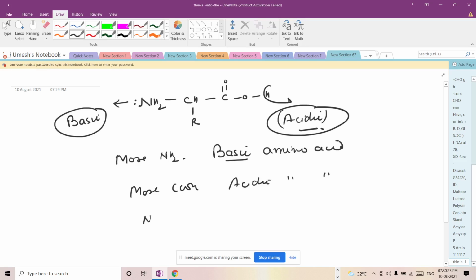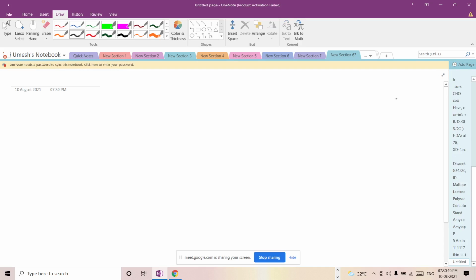And if it contains an equal number of NH2 and COOH groups, it is called a neutral amino acid, depending upon the number of NH2 groups and the number of carboxylic acid groups.